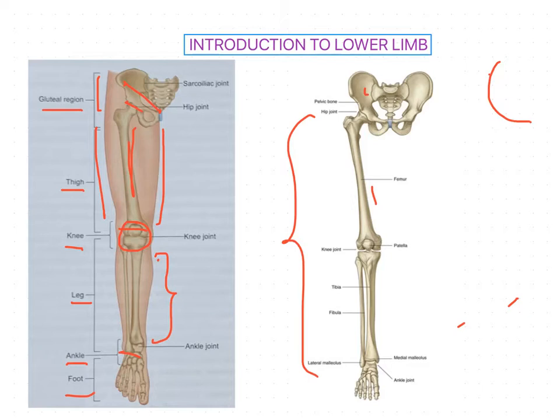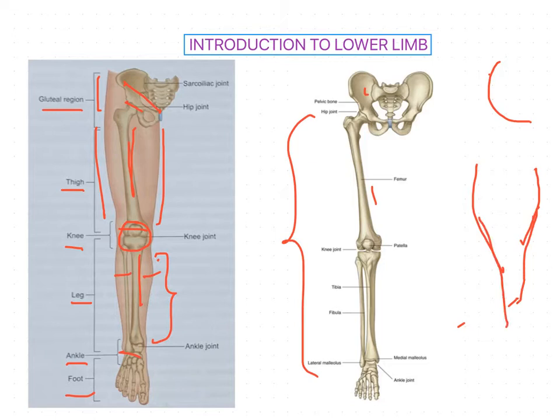So the leg is also divided into three aspects. One is the anterior aspect, posterior aspect, and the lateral aspect. And if you see on the posterior aspect, okay, it is often referred to as the upper part of the calf, often referred as calf region. So it is present like this.